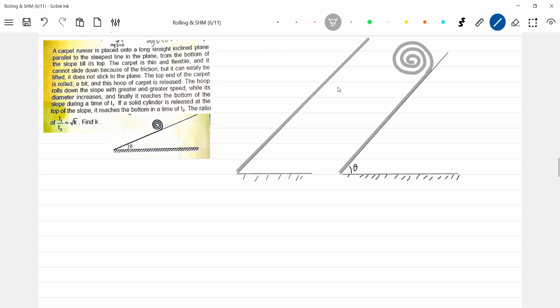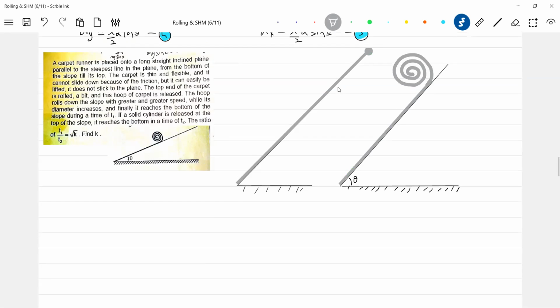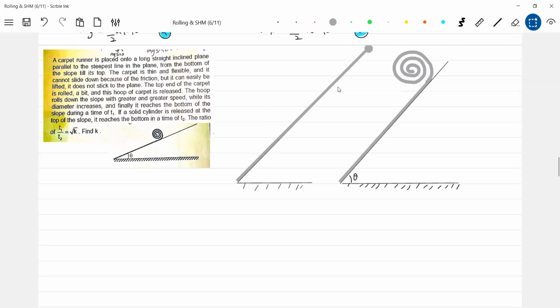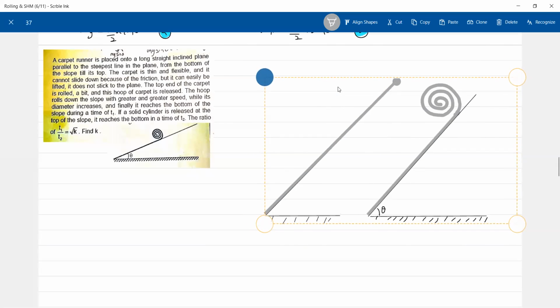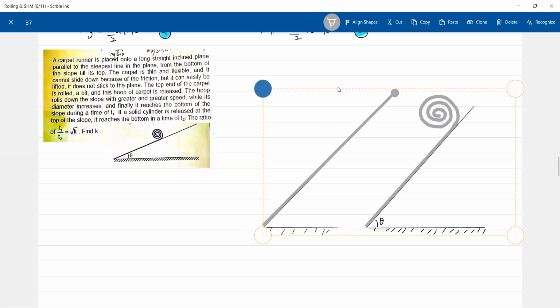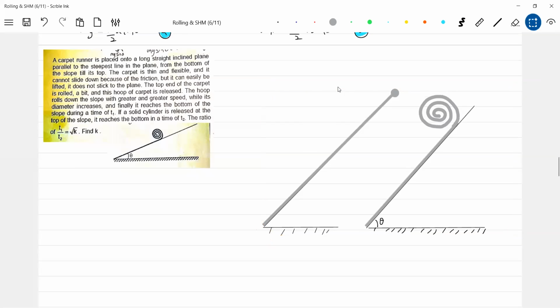Hope you might have understood the question. A small loop is made here, otherwise on its own it cannot come. Alright, I'll shift it down. If you can understand, it's a very easy problem. Now we are very good at the variable mass concept. Can we apply the variable mass concept?